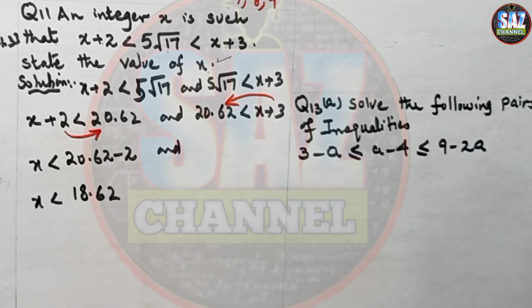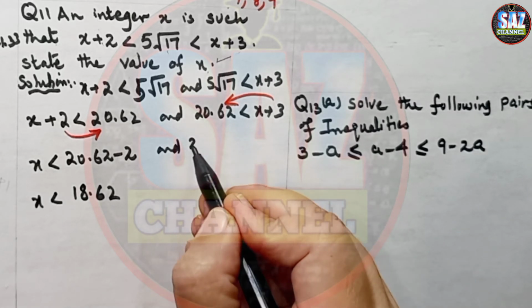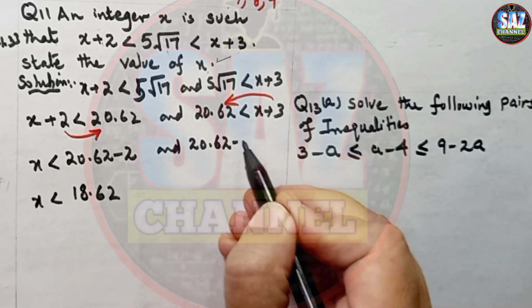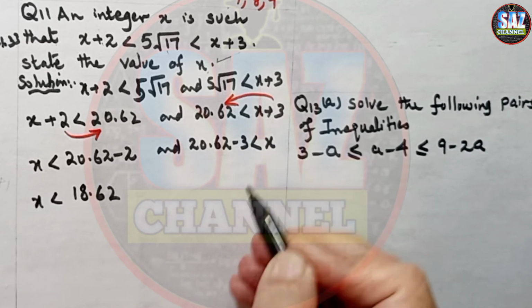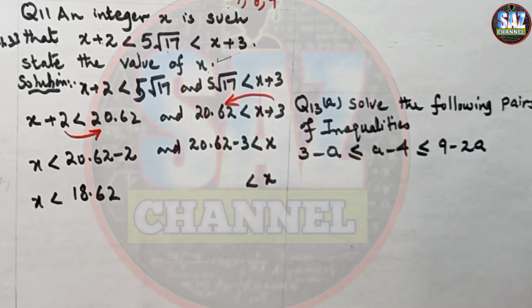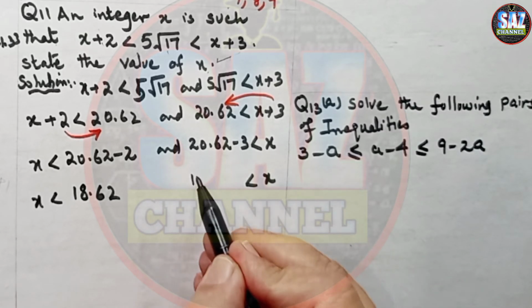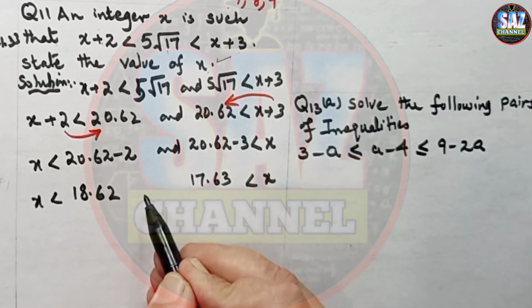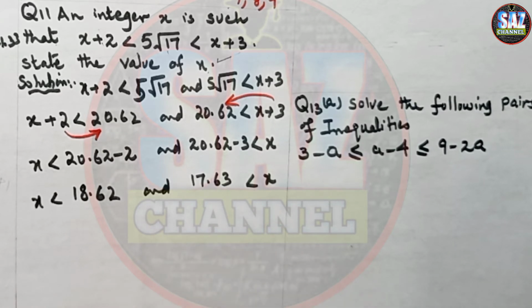It will take the form 20.62 minus 3 is less than x, or x is greater than 20.62 minus 3, that will be 17.63, and now I have to write the range of values of x.